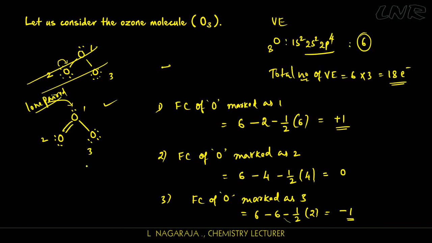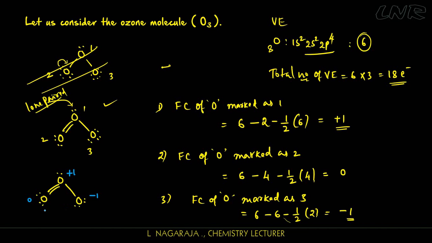So the first oxygen has charge plus 1, the second oxygen has charge 0, and the third oxygen is minus 1.